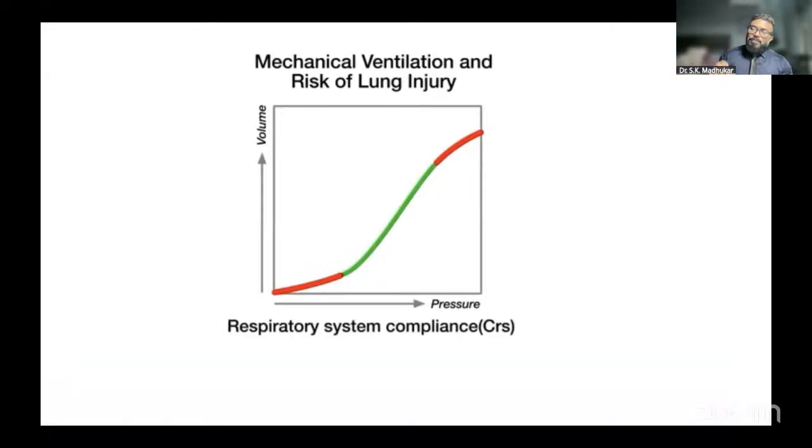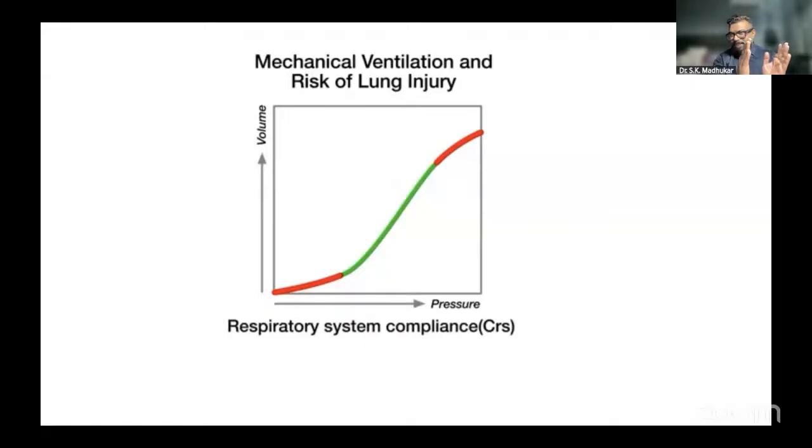Now the pressure volume curve is a sigmoid curve. You know why? If you see the initial portion of the curve, which is red, a large amount of pressure change is required to bring a small change in the volume.